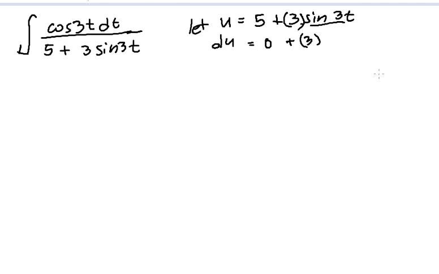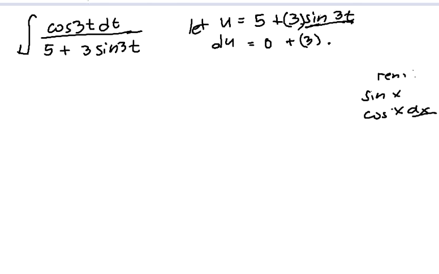And remember from your calculus that the derivative of sine x is cosine x, times the derivative of x. Okay, so from here we have sine 3t.